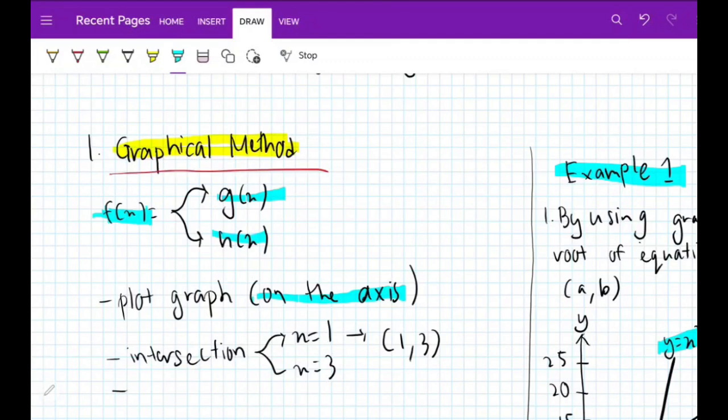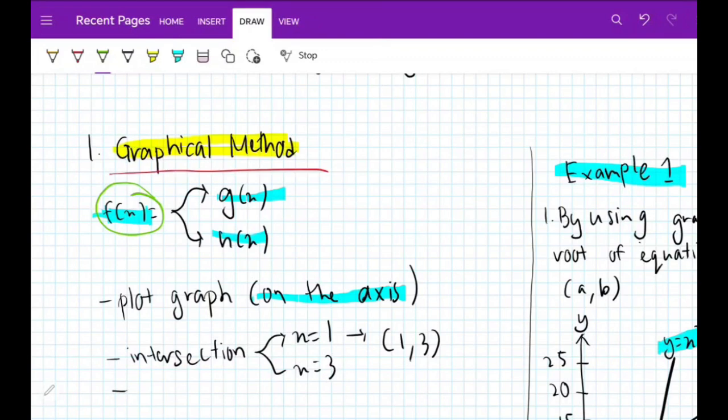Once we've plotted it, we will notice that there will be points of intersection. First we find how many intersections there are, say one or two. Two intersections indicate that there are two roots for our main function, which is f(x).